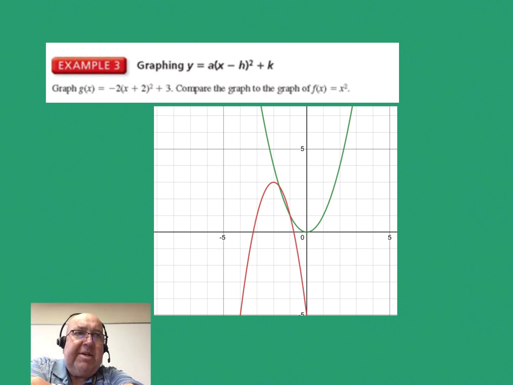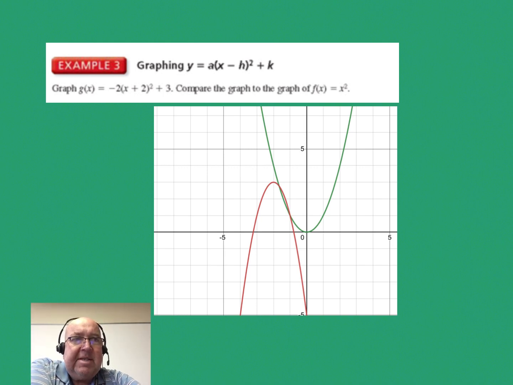So now if we do more of that and we add something after the square, we're going to move in a different way. So first off, the green parabola is x squared. The red parabola is negative 2 times x plus 2 squared plus 3.